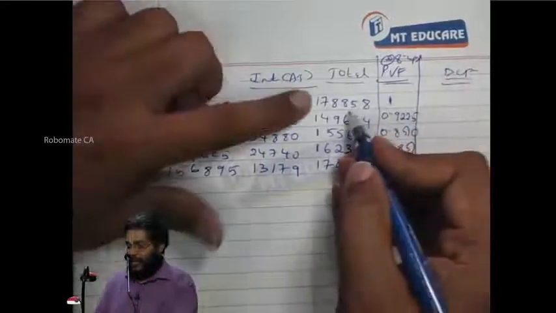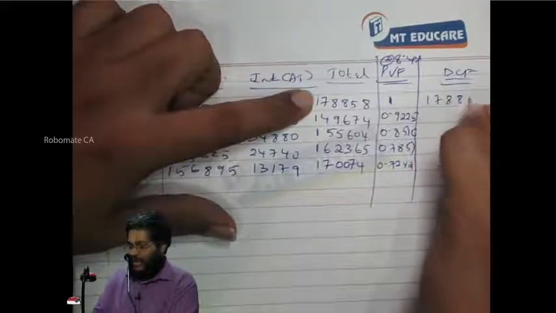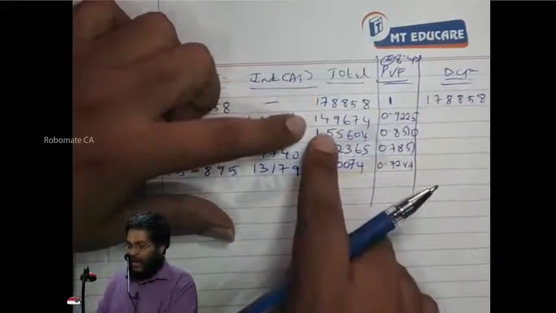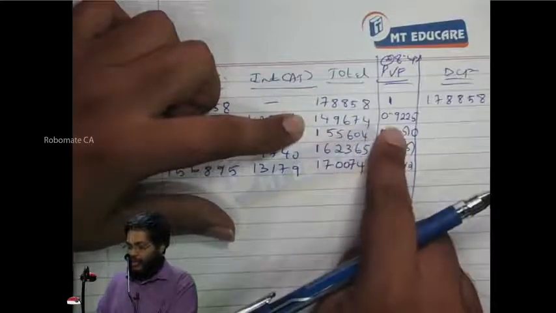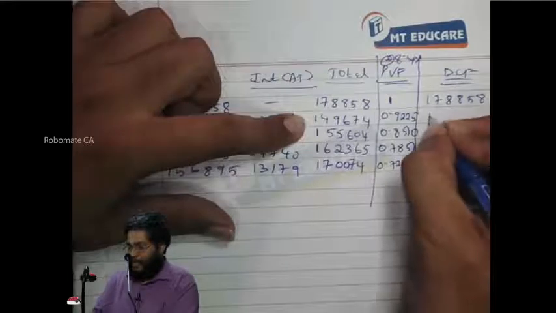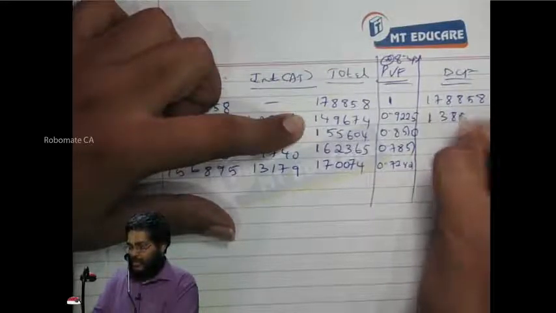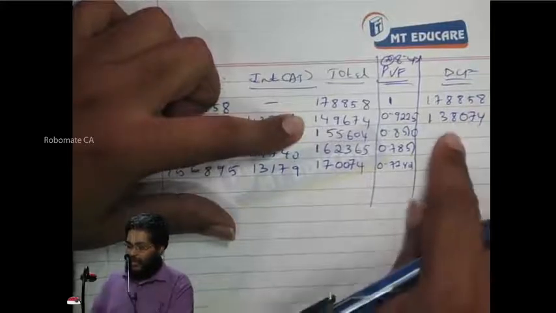Please tell me, 178,858 into 1 gives you what? 178,858. Yes or no? 1,49,674 into 0.9225 gives 1,38,074.